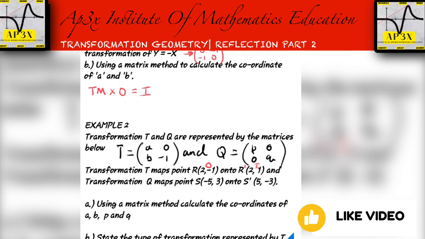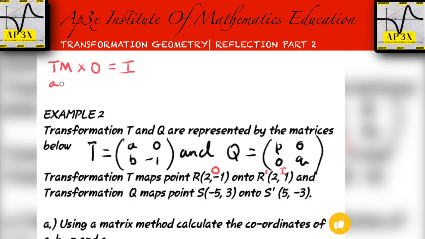In this case, the transformation matrix is in fact A, 0, B, negative 1. And then we know for certain that it's going to multiply this point here, which is 2, negative 1. And we know for certain that after the multiplication, it's going to give us the image point 2, 1. So that's what we know for sure.